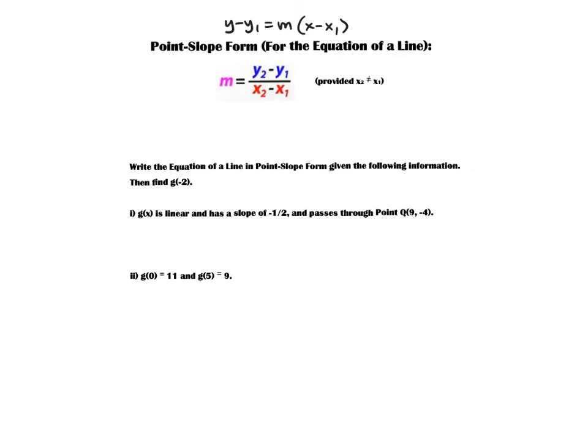If you multiply both sides of this by x2 minus x1, you'll see that the x2 minus x1's on the right side reduce, and the x2 minus x1's on the left side get multiplied by m. So what you're left with is y2 minus y1 is equal to the slope times x2 minus x1, which we then generalize taking the 2 off of y2.